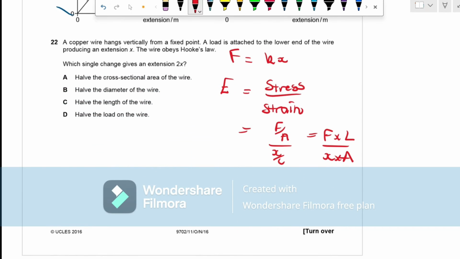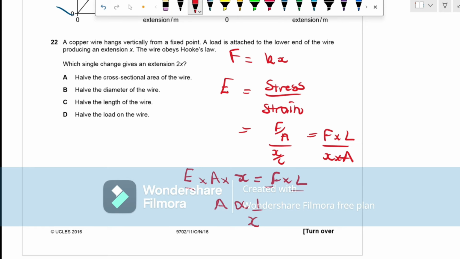And then E times A times X is going to be equivalent to F times L. From this, if E is constant, if F is constant, if L is constant, because it's the same load, it means that A and X are inversely proportional.